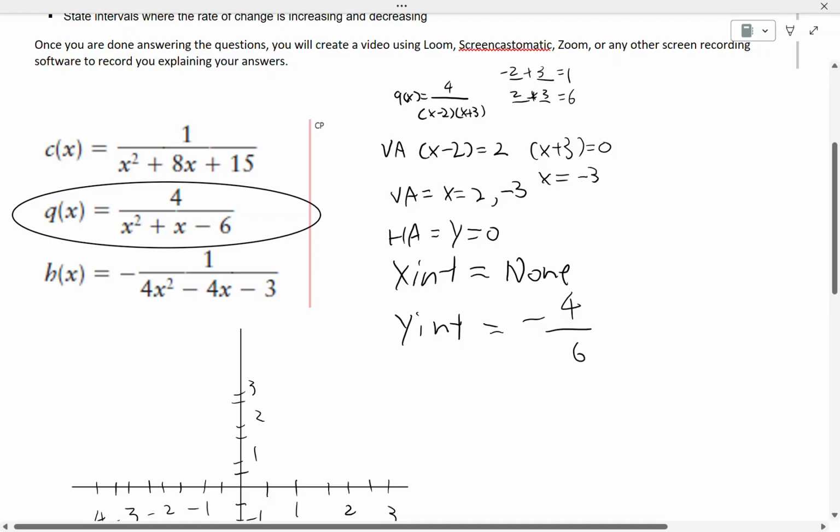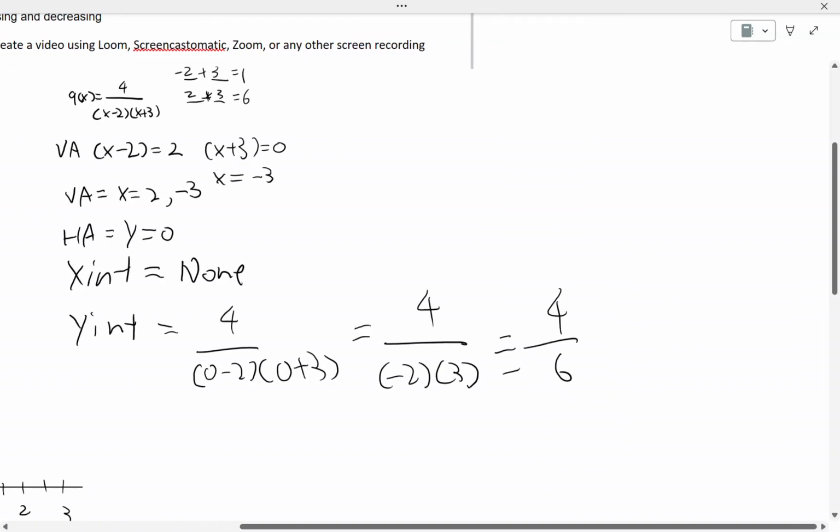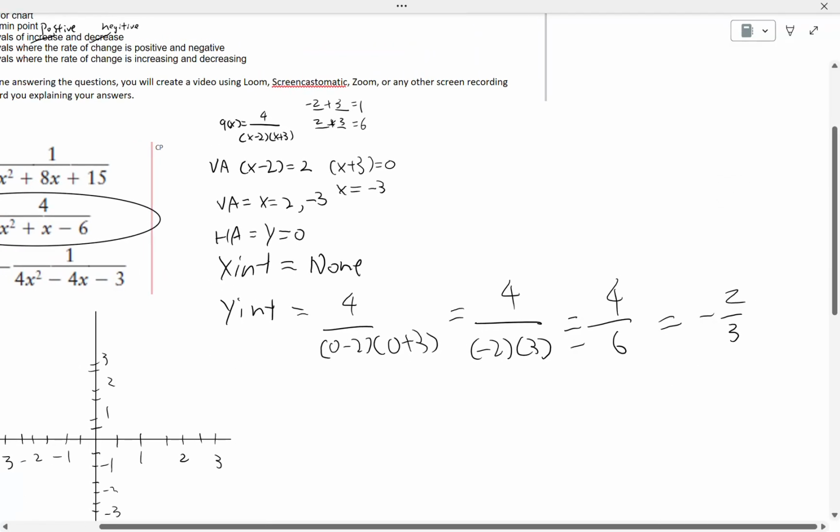First of all, we plug in 0 for x, so we will get 4 over (0 - 2) times (0 + 3), and that will just equal 4 over -2 times 3, and that's how we got negative 4 over 6. We can simply simplify that to -2 over 3, just easier.